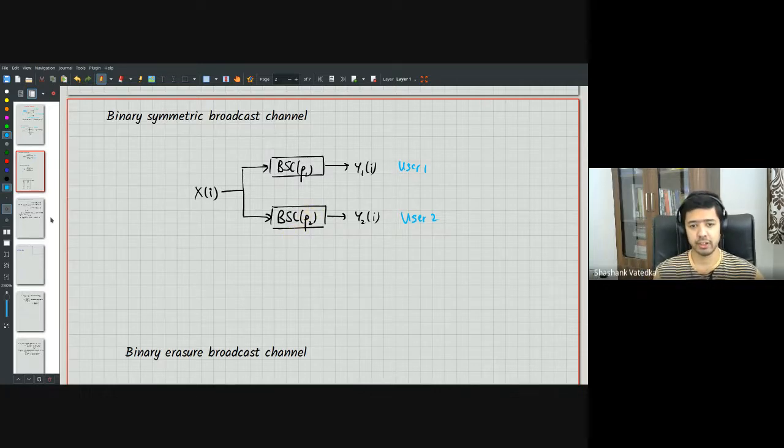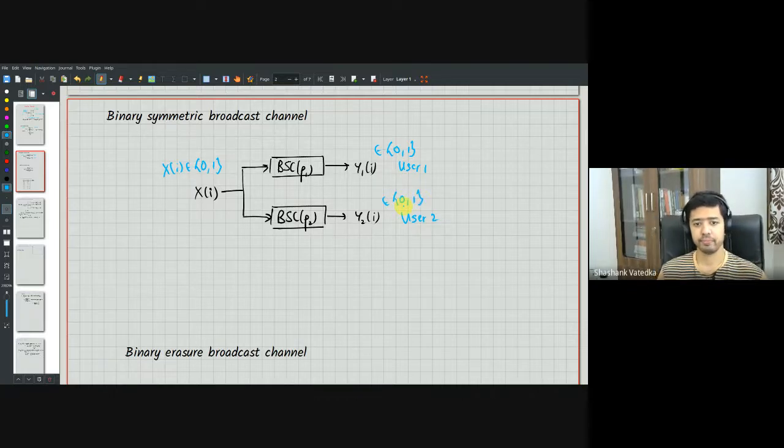So essentially, at each time instant, the transmitter is sending a bit. So x of I is either 0 or 1, and the bit is flipped with probability P1 to get y1, and the same bit is flipped independently with probability P2 to get y2.